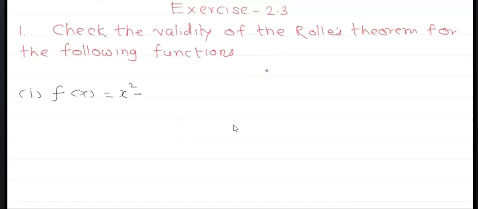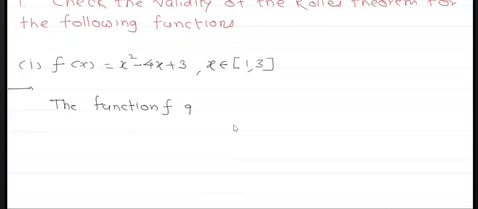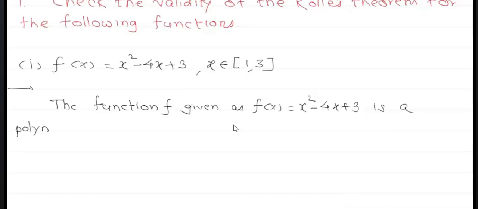F of x is equal to x square minus 4x plus 3, x belongs to closed interval 1 to 3. The function f given as f of x is equal to x square minus 4x plus 3 is a polynomial function.